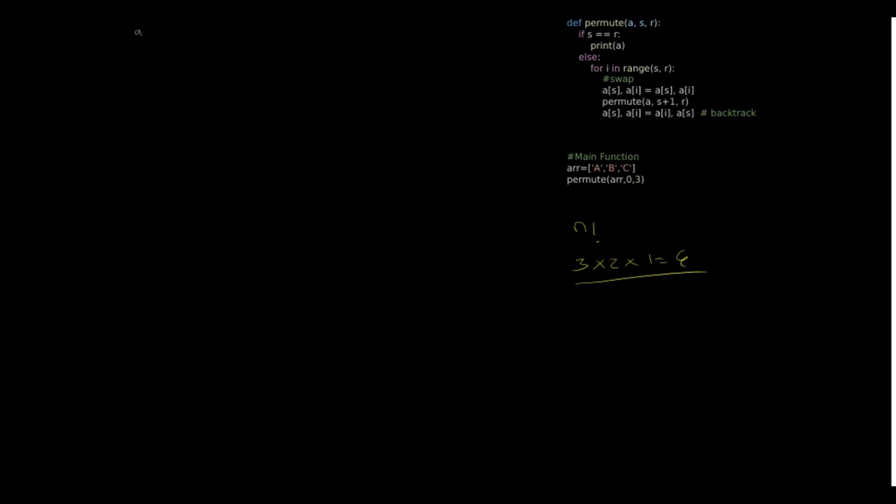Let me make sure I have the indices: A is 0, B is 1, and C is 2. Then the call is P of ABC, 0 as the start of the array, and 3 as the length of the array.